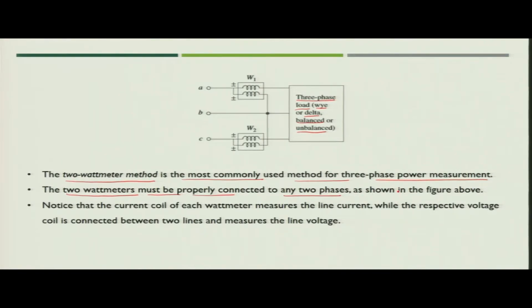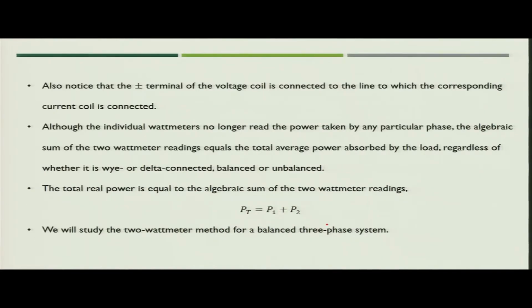And now notice that the current coil of each wattmeter measures the line current, because it is connected in the line, while the respective potential coil, or we also say voltage coil, is connected between 2 lines. That means you will get the line voltage.